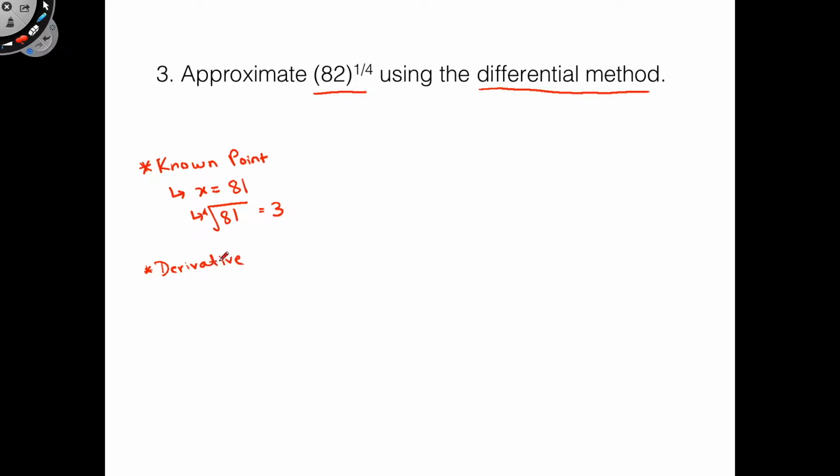Right? Because once we have our derivative, we can just use our formula and begin solving for things. Okay? So our derivative would be d/dx of x to the 1/4, and we're going to evaluate that at x equals 81.